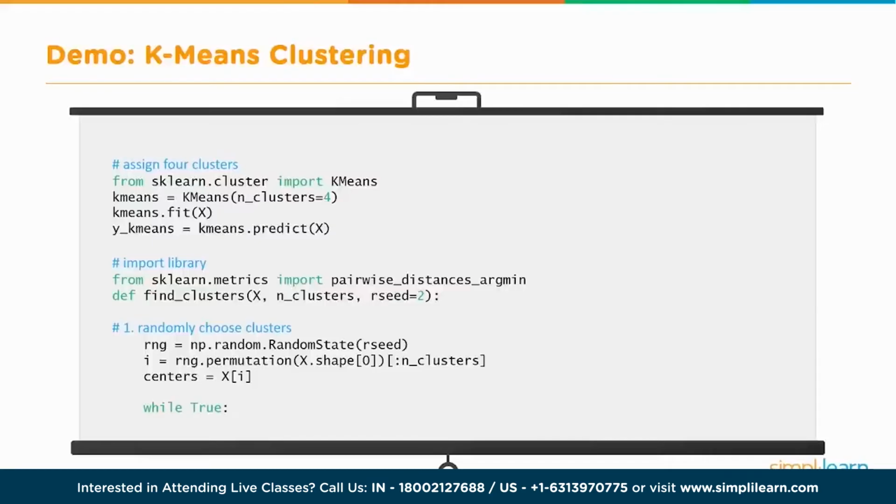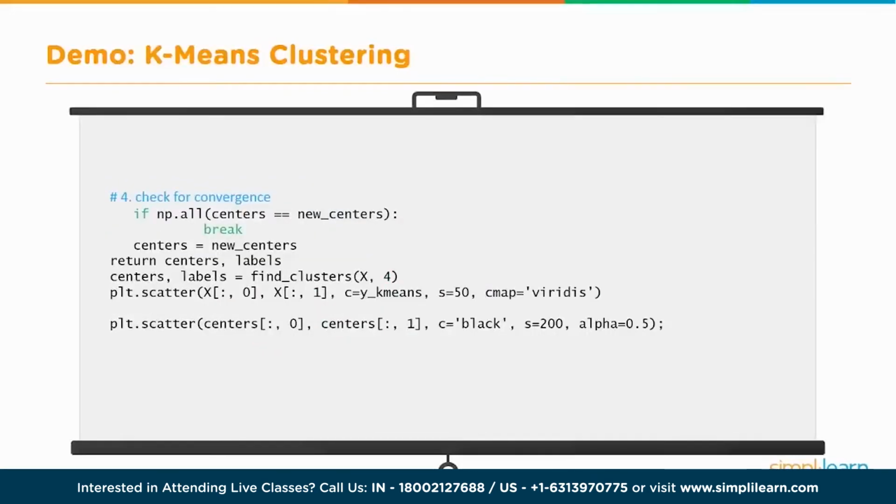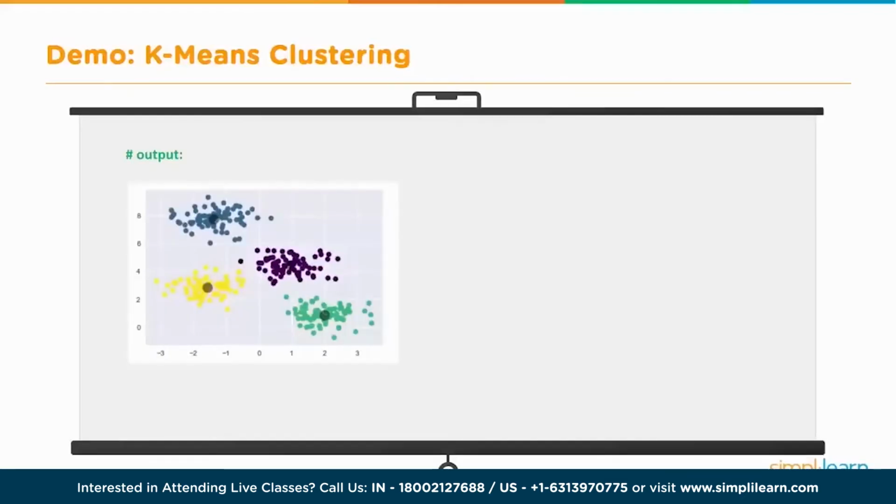So we will assign each of these points to the centroids and then check whether they are at the optimal distance, which is the shortest distance, and assign each of the data points to the centroids, and then go through this iterative process till the whole process converges. And finally, we get an output like this.